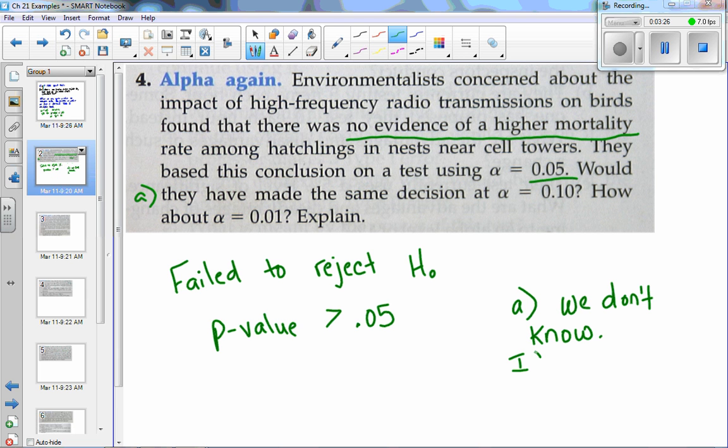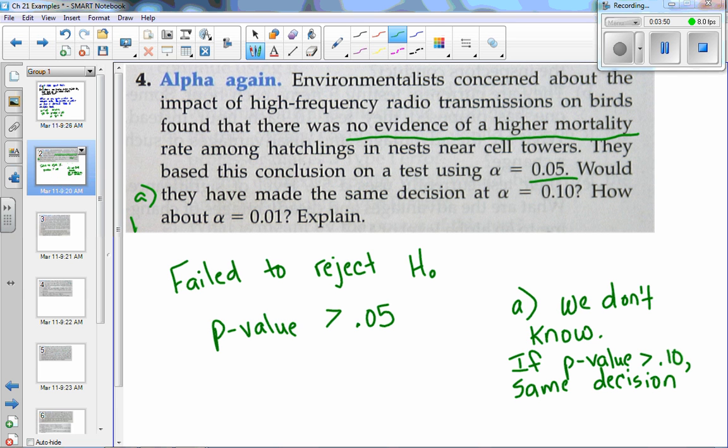If the p-value was greater than 0.10, same decision. If the p-value was in between 0.05 but less than 0.1, and that was their alpha level, then we would end up rejecting H naught.